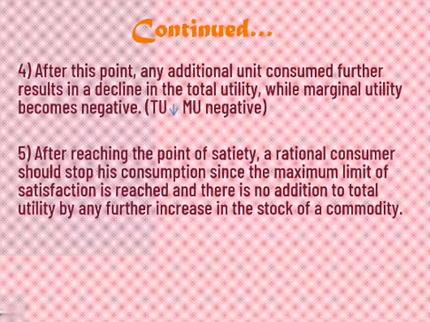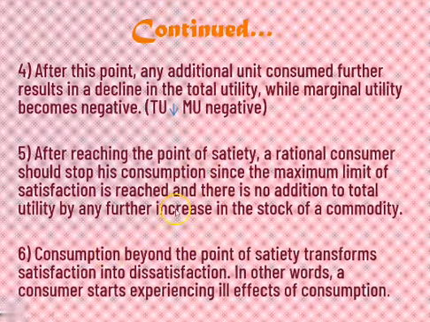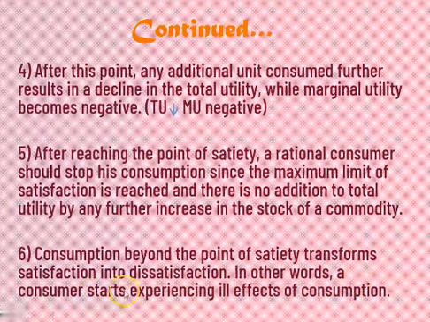So this is the relationship between TU and MU, students, and always remember that you have to write all this explanation in points. Consumption beyond the point of satiety transforms satisfaction into dissatisfaction. In other words, a consumer starts experiencing ill effects of consumption.